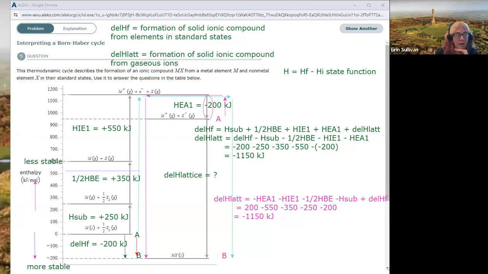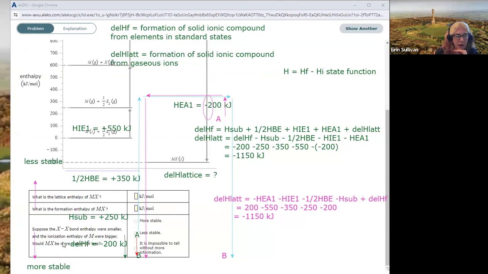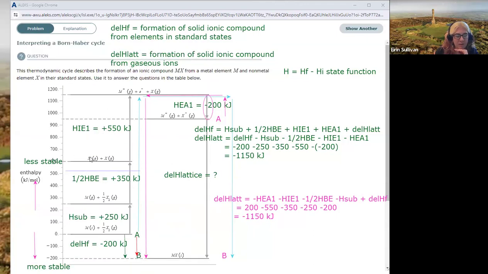However, we were asked about something else changing as well, and the ionization energy was bigger. Ooh. Okay, so the trouble is that if the ionization energy was bigger, it depends how much bigger it was. If it stayed the same, my line would be here, for plus 550. But if it got bigger, how much bigger did it get?